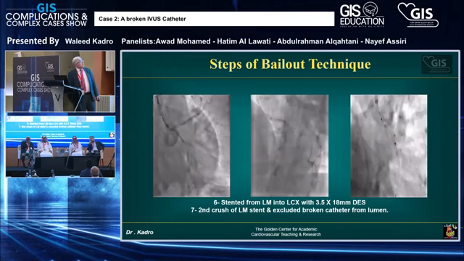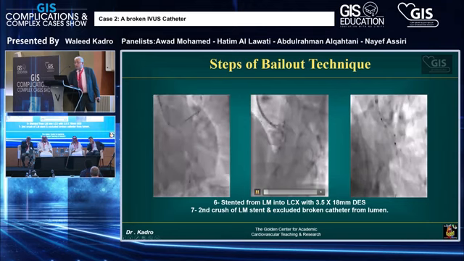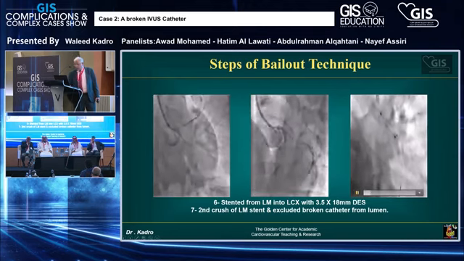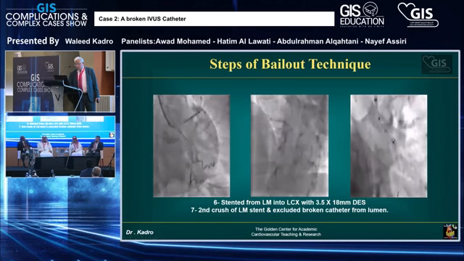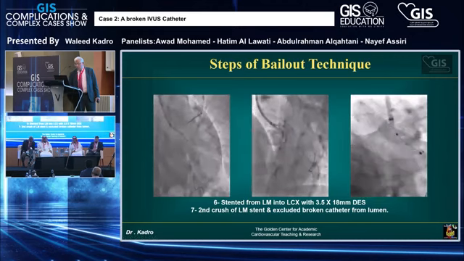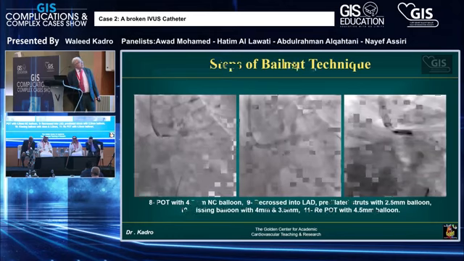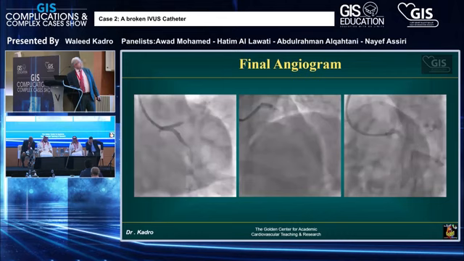And then we put the stent. Now here you see the stent from the left main to the circumflex. I put it in 3 views to document the position. And with that, we did kissing again and POT to the proximal, and this is the final angiogram.